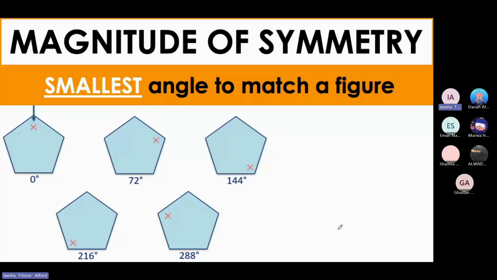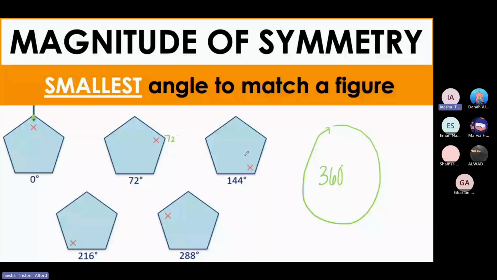The next vocab word about rotational symmetry is magnitude. Magnitude is the smallest angle. So how many degrees of a turn should you make? When we are turning a shape, we are making a circle, right? And when we make a circle, that is 360 degrees. So this one is starting at 0. If I turn it, the next spot I'm going to stop at is 72 degrees.